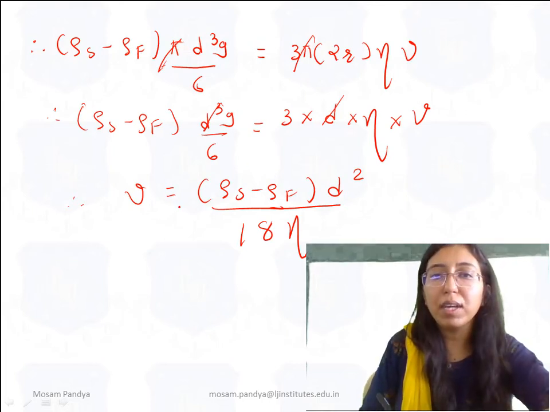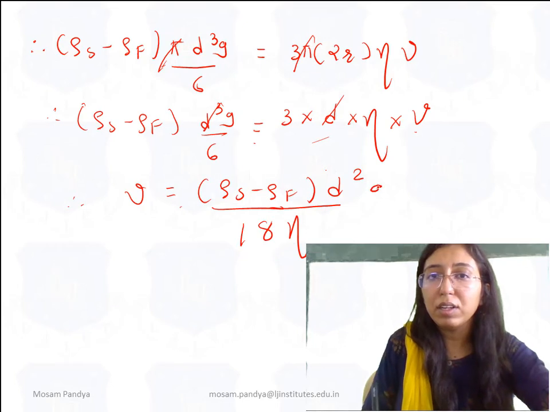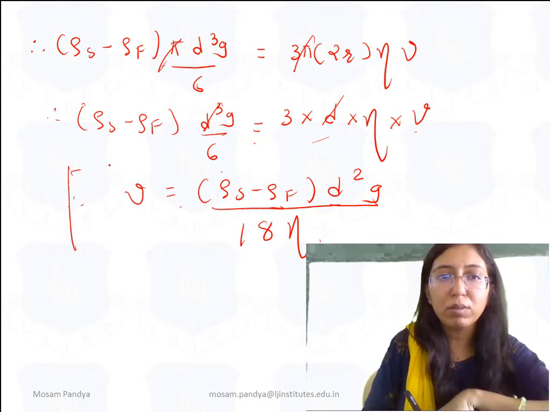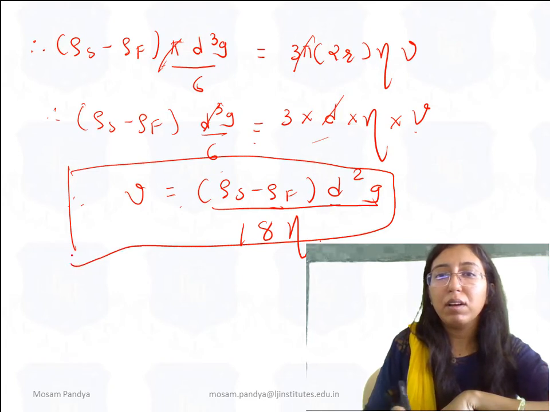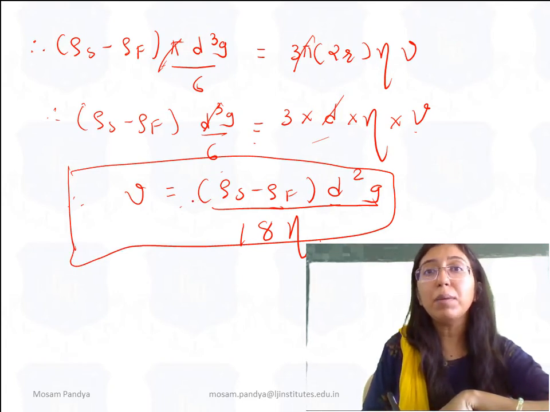So settling velocity v is equal to rho s minus rho f d square g upon 18 into eta. This is the equation of settling velocity in discrete particles.